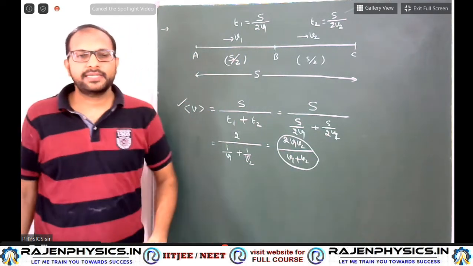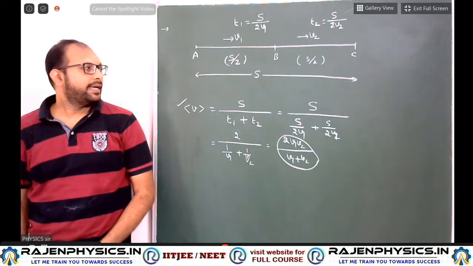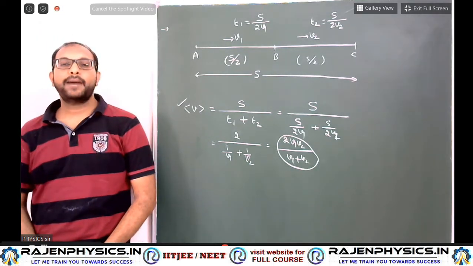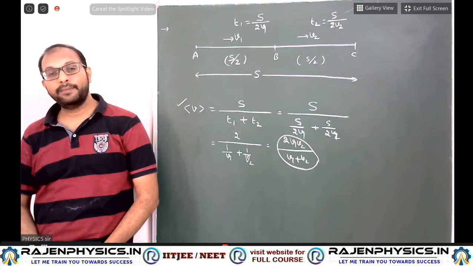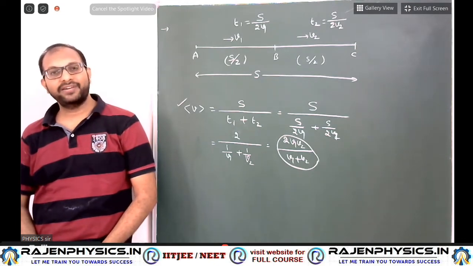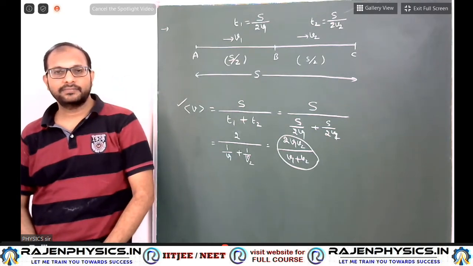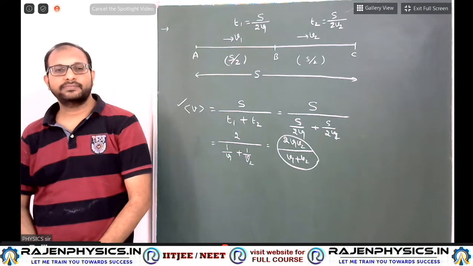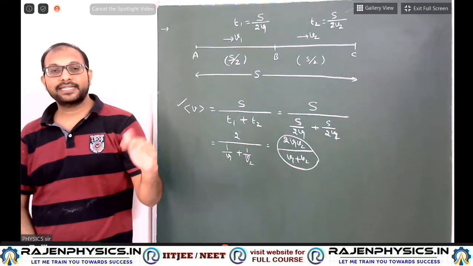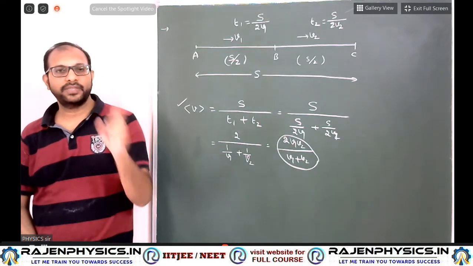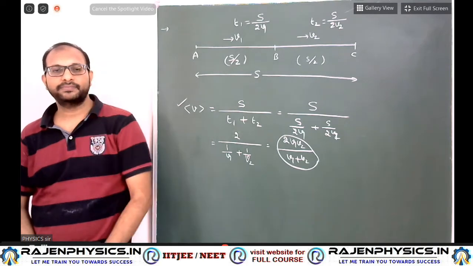Yes, so students, please observe here. A particle moving along only the positive x-axis without any return journey covers the first half of the distance with velocity v1 and the second half of the distance with the speed or velocity v2.